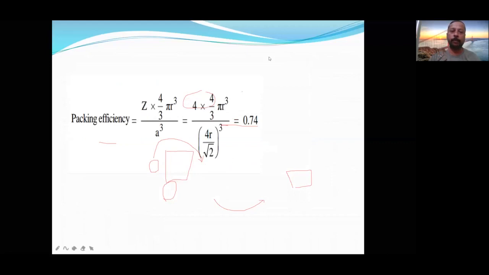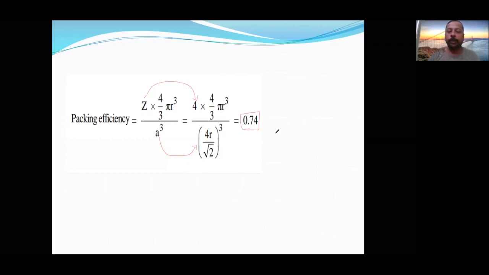Now let us see the packing efficiency of which type of crystal it is. This is the packing efficiency of FCC. For FCC, Z is equal to 4, just now I told you. And the a and R relation for FCC is 4R by root 2, otherwise 2 root 2 R. On simplifying, you will get packing efficiency of 0.74.